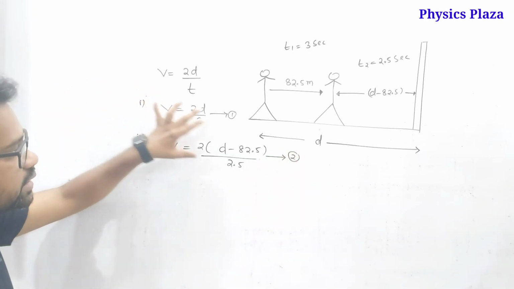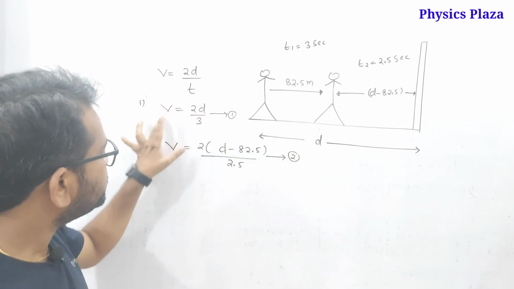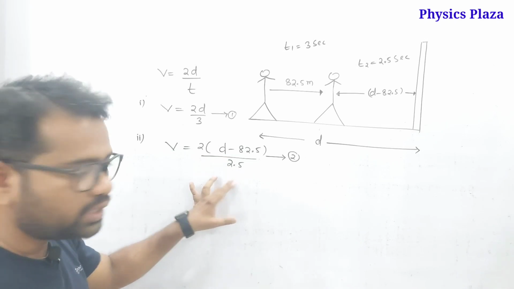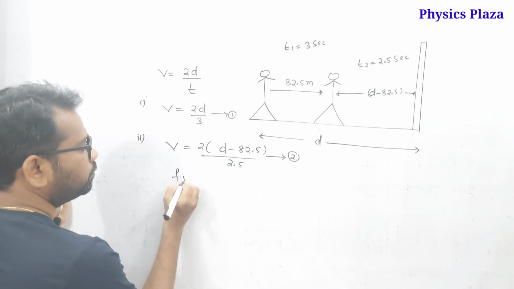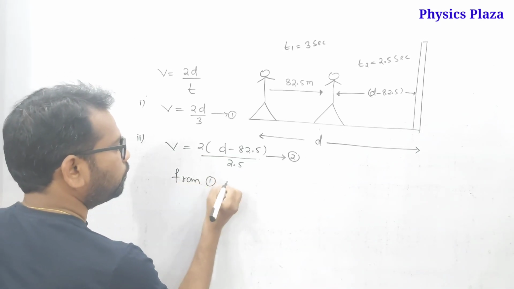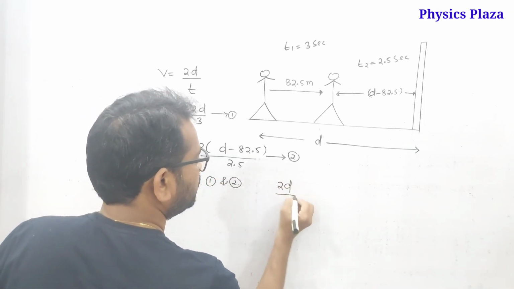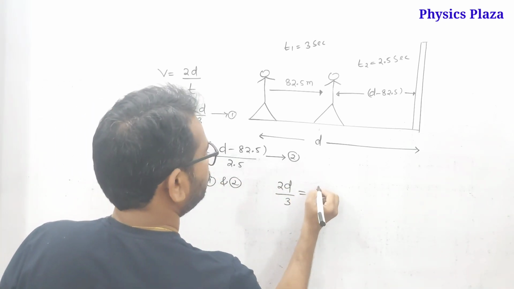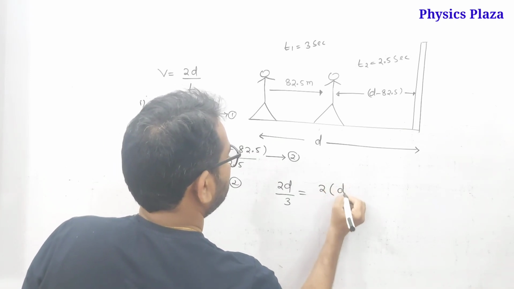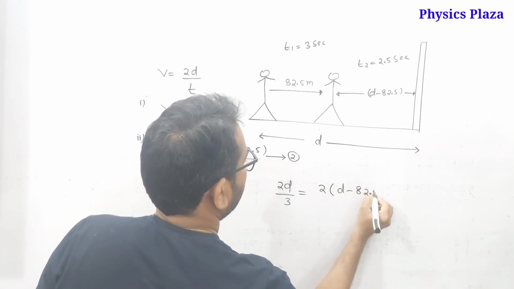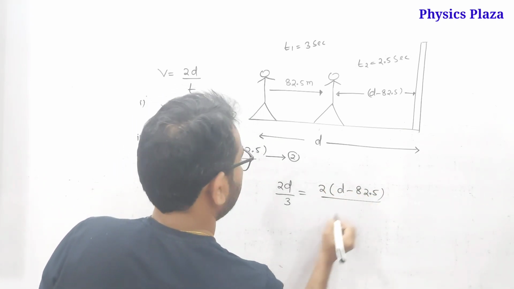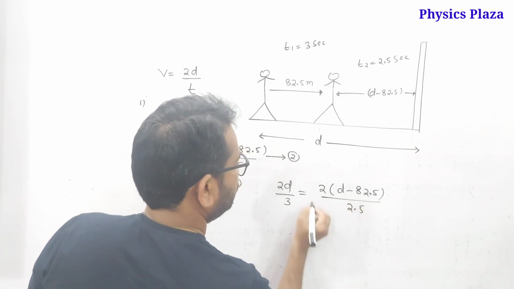Now let us equate equation 1 and equation 2. As LHS are equal, RHS can be equated, right? So from 1 and 2, we can write 2d by 3 is equal to 2 into (d minus 82.5) by 2.5.